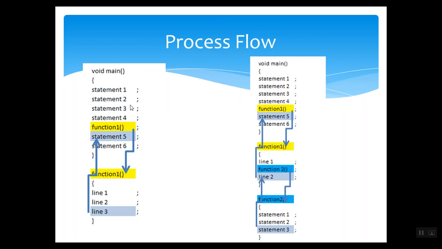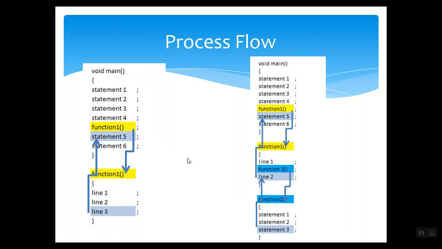So this is how the process flow will work. Execution will start from the main function, and wherever it encounters a call to a different function, control will go to that function. Now it will perform all the activities given in that function, and once that is done, or if it encounters the return keyword as I showed you in the demo, control will go back to the calling function just after the function call statement.